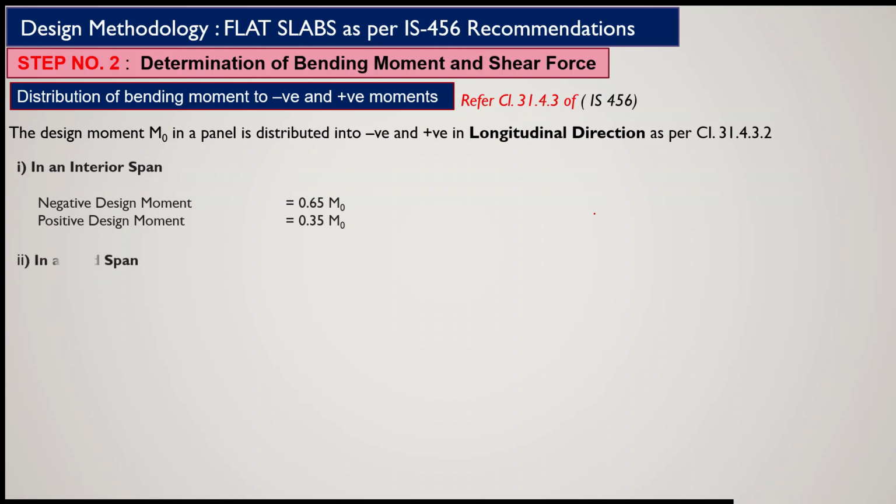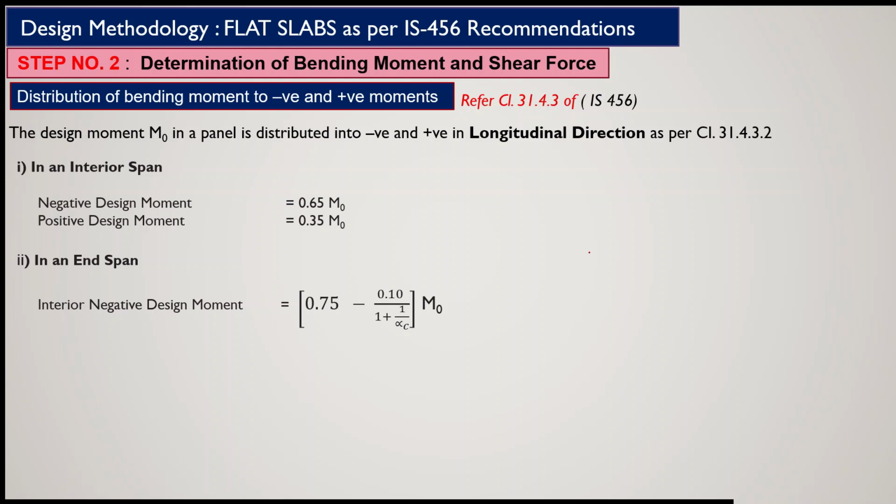So we have divided the total moment into negative moment as well as positive moment in the case of an interior span. Now if you are designing the end span, then the interior negative design moment, in the next slide you will be able to understand exactly. This formula is given in IS 456: 0.75 minus 0.10 divided by 1 plus 1 by alpha c.